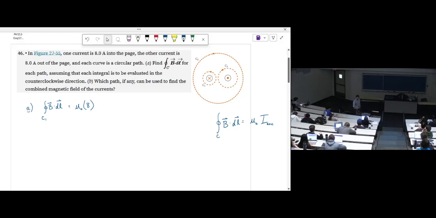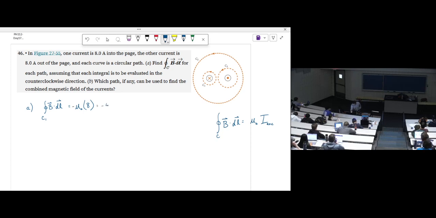And let me ask you this. Would that end up being positive or negative? Well, the current is going into the page. It's an X. And so if I try to grab around that wire, my fingers point in the clockwise direction, but I'm taking the integral in the counterclockwise direction. So this is negative here.